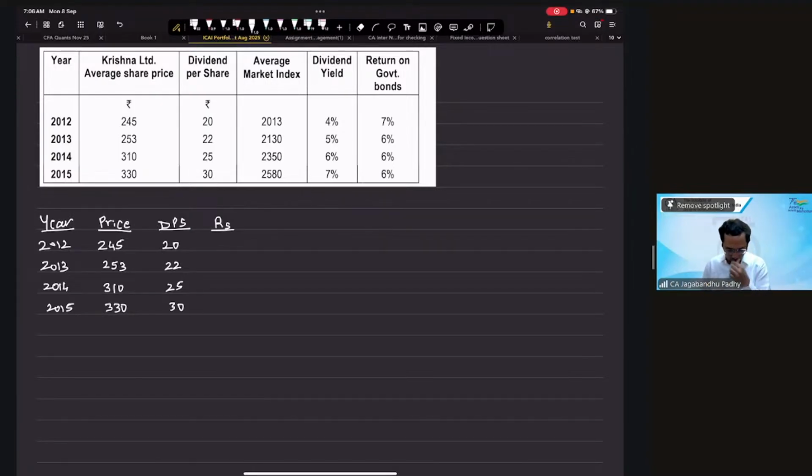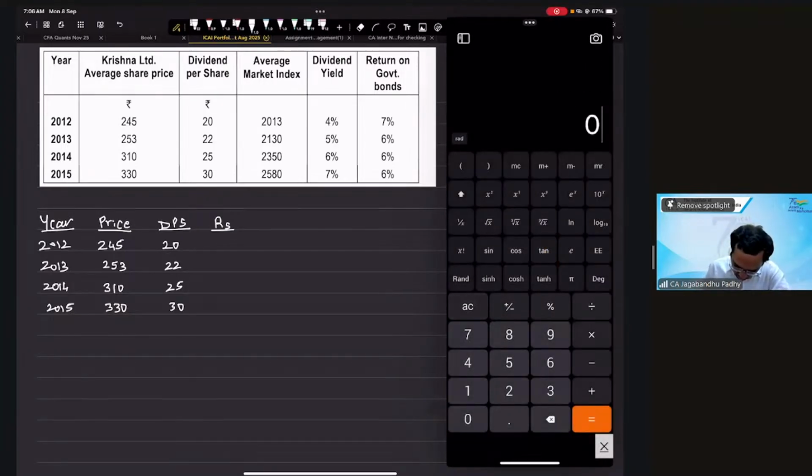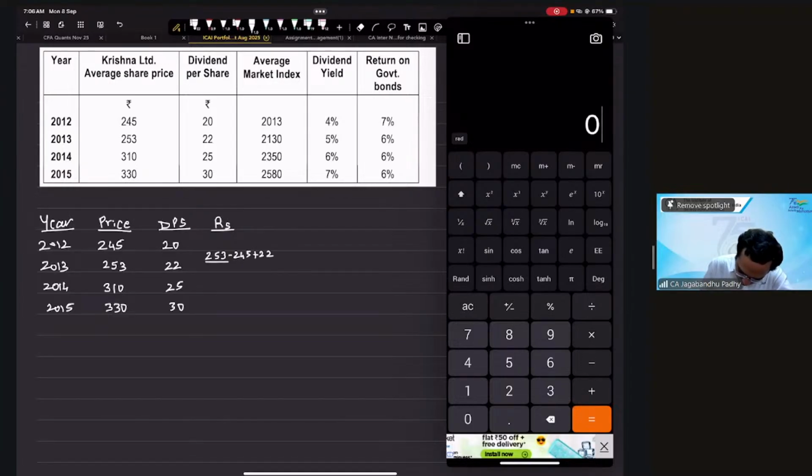So let's talk of the return of the security. It is simply going to be 253 minus 245 plus 22, the whole thing divided by 245.